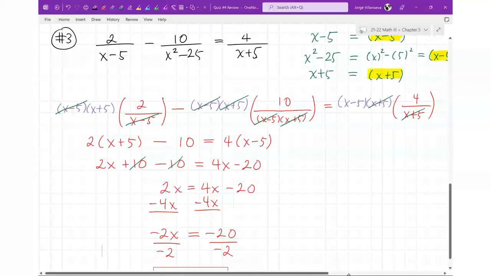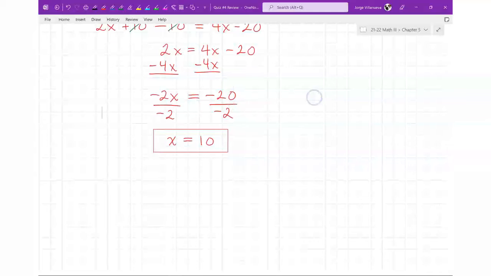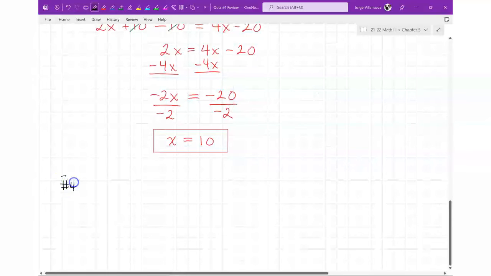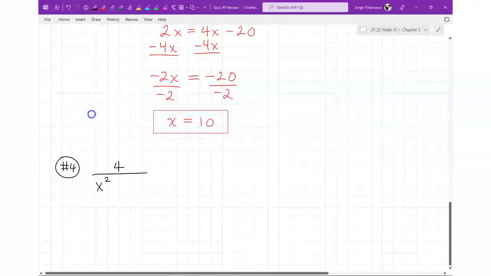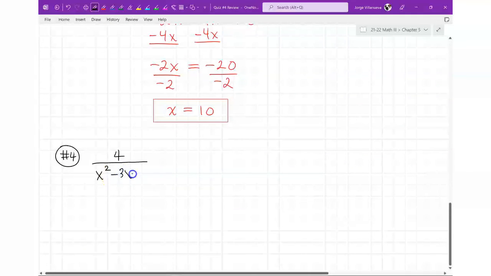Okay, I'm going to show you one more of this factoring type. 4 over x squared minus 3x minus 4 equals 1 over x minus 4 plus 1 over x squared minus 3x minus 4.